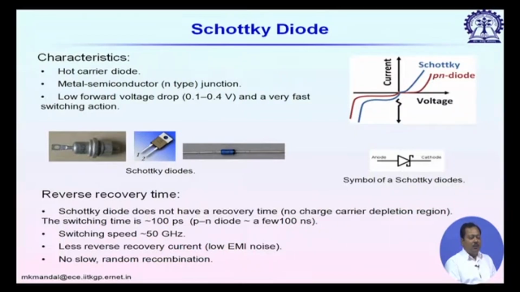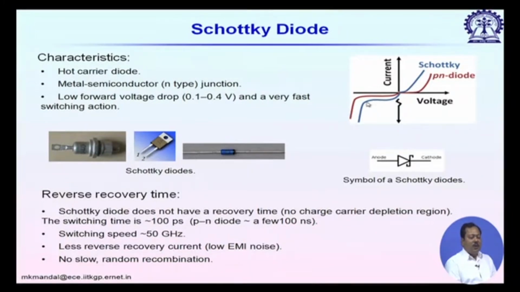Not only that, we see that the cut in voltage for Schottky diode in forward biased condition is much smaller compared to V gamma of p-n diode. Similarly, in reverse biased condition, breakdown voltage is also much smaller compared to a conventional p-n junction diode.